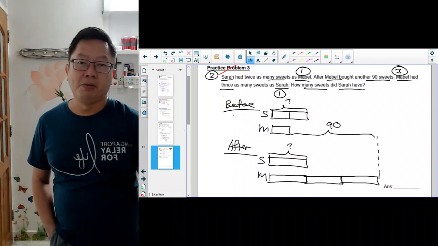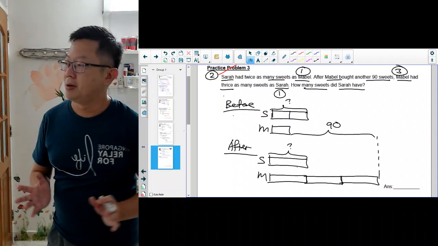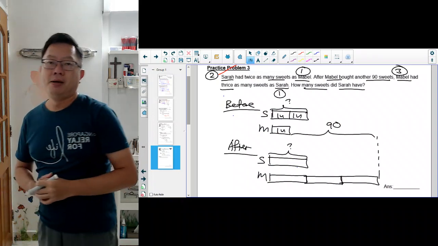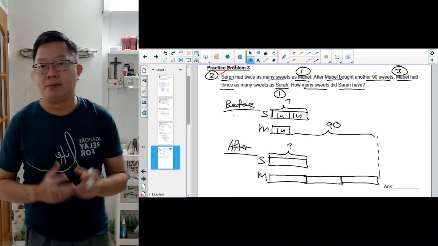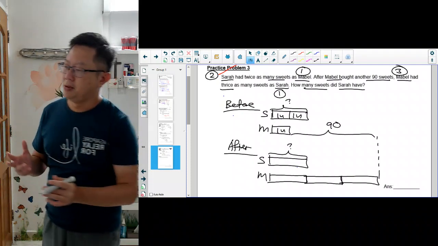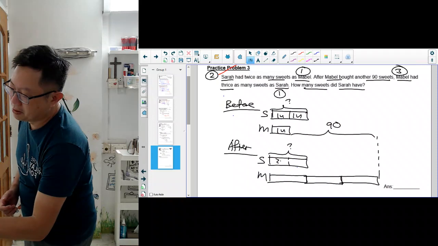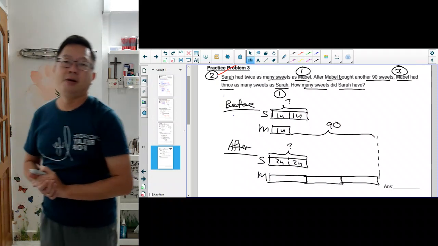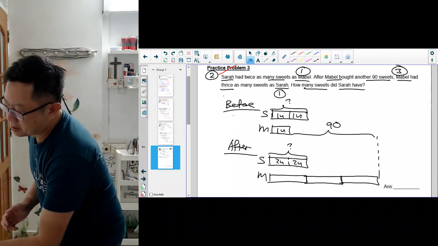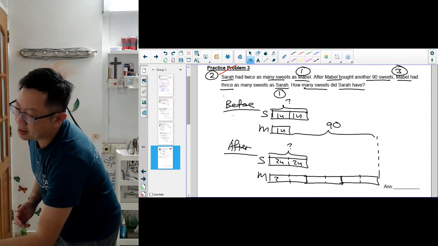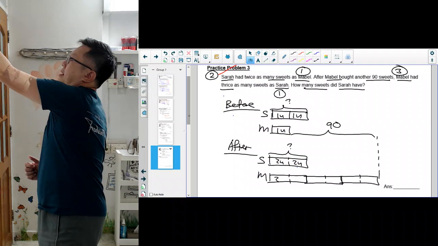You cut them equally. Make the model all look equal. Like for example, in the before model, you can see the units. But in the after model, the rectangles are bigger, the boxes are bigger. So you look at Sarah and you cut it into 2 units as well. And every big box, you also do the same. Cut every big box into 2 smaller boxes and you will get, okay, hang on for a while.